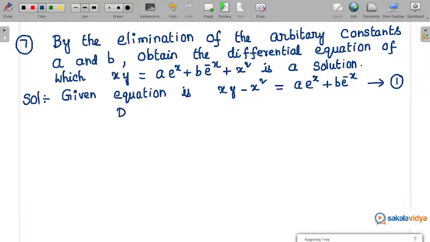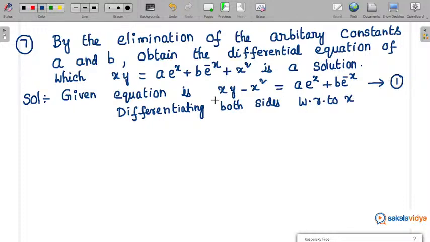Okay, differentiating both sides with respect to x.